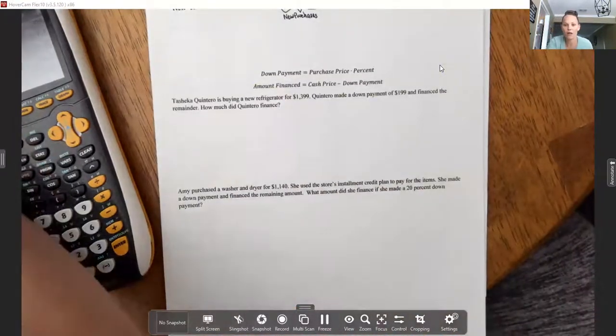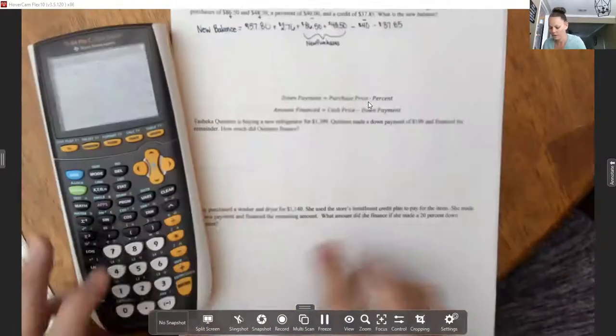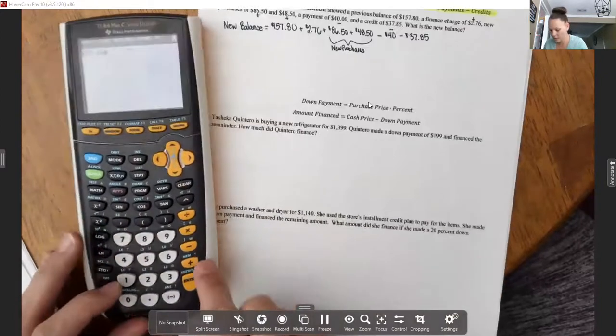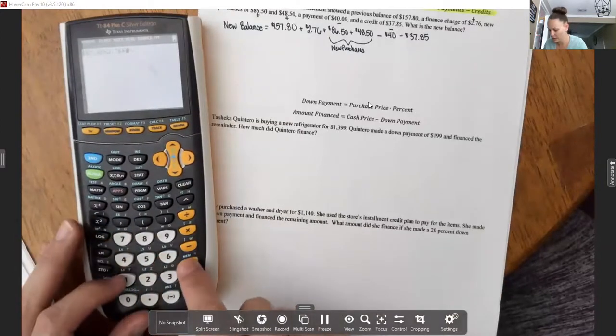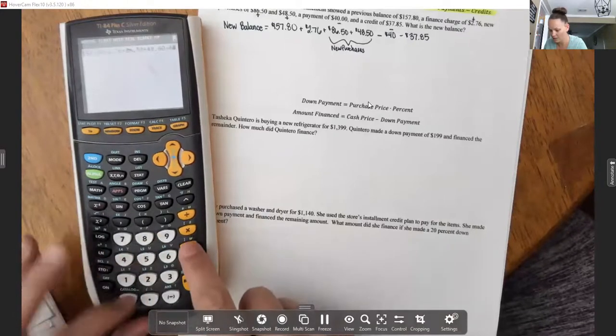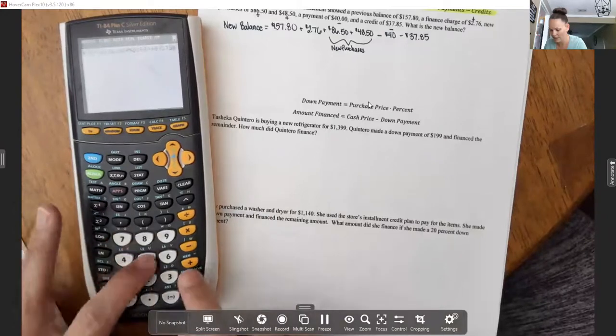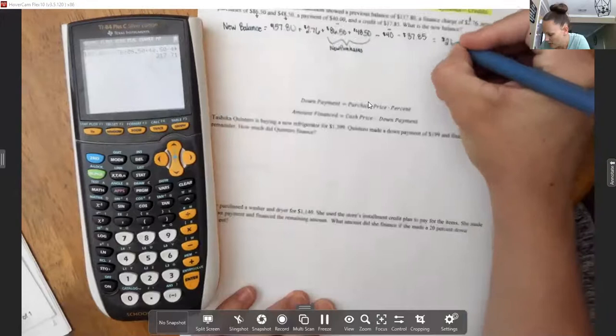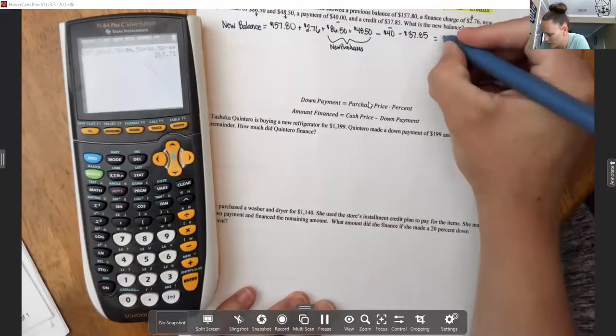And you can just type all of that into your calculator like that. 157.80 plus $2.76 plus $86.50 plus $48.50 minus 40 minus $37.85 is $217.71.